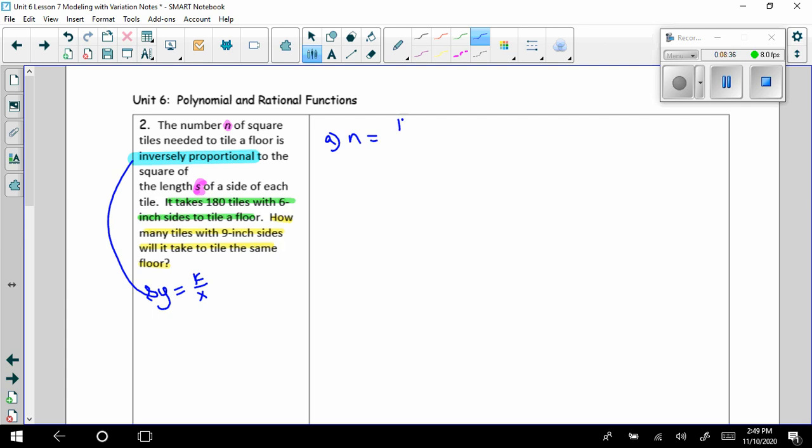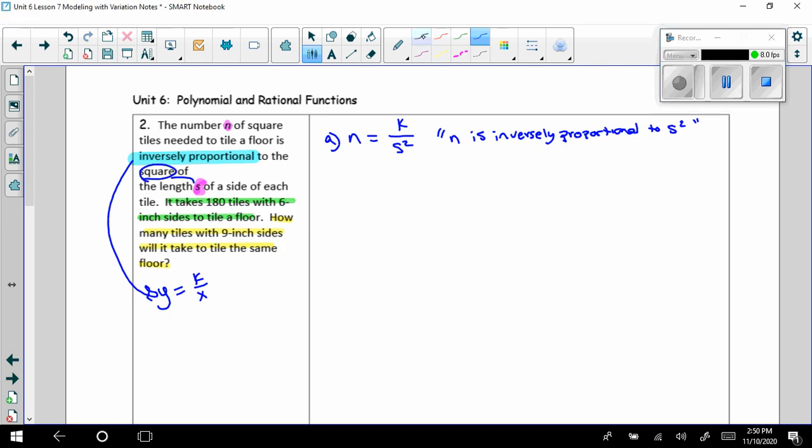So n is equal to your constant divided by your s squared, the square of the length. Okay, so what is inversely proportional? N is inversely proportional to s squared. Okay, so that's how you need to think of it.